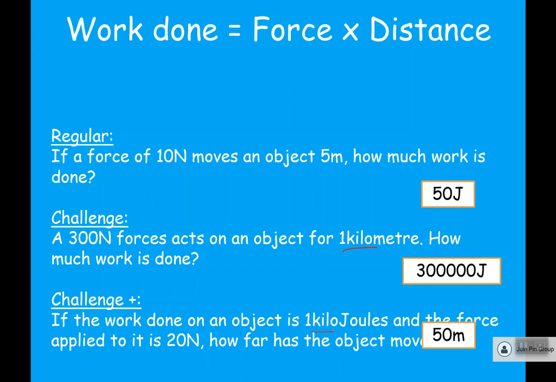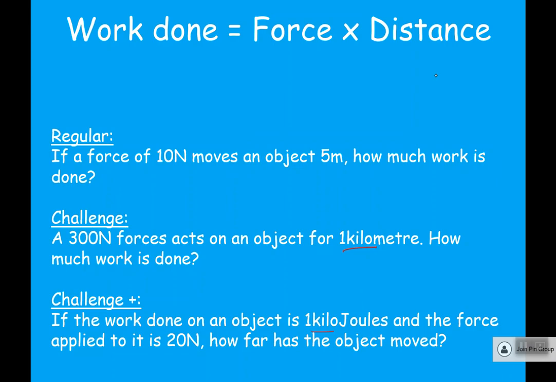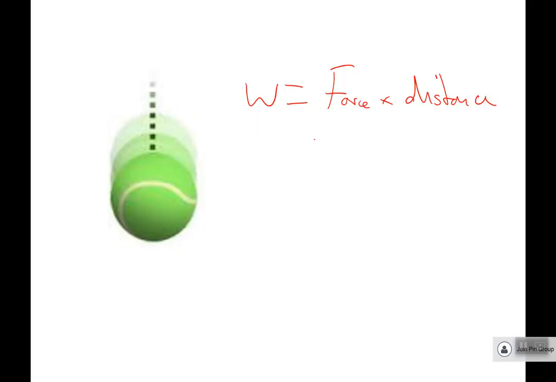One thing I just wanted to relate it to was this earlier picture here. So if you have a ball falling, we talk about work being done. Work done is force times distance. Now, the force in this case is actually weight, so it's going to be weight times distance.